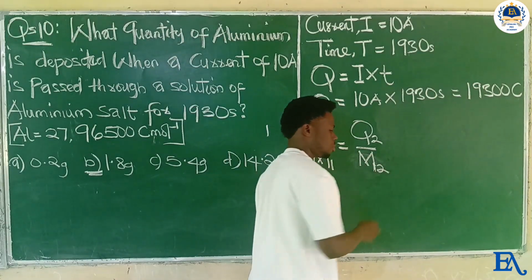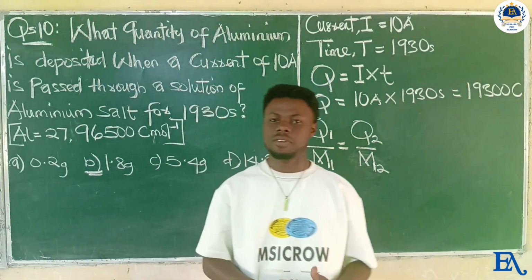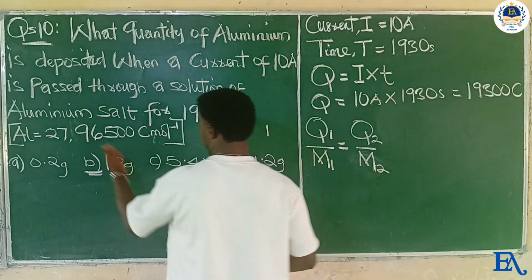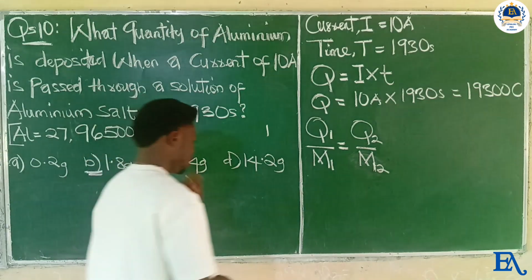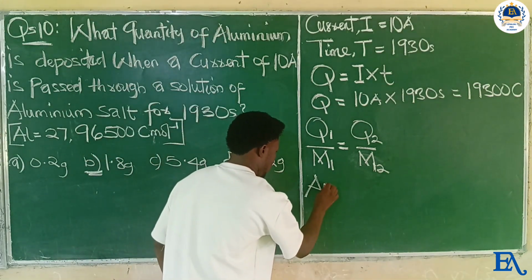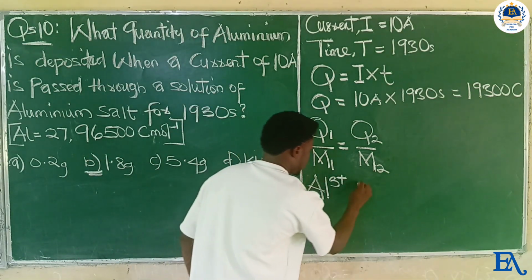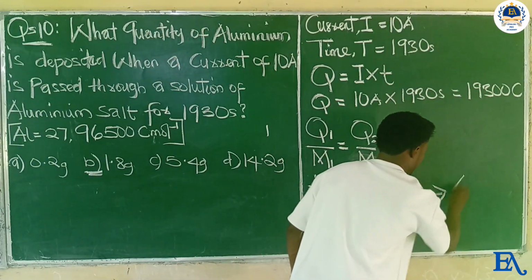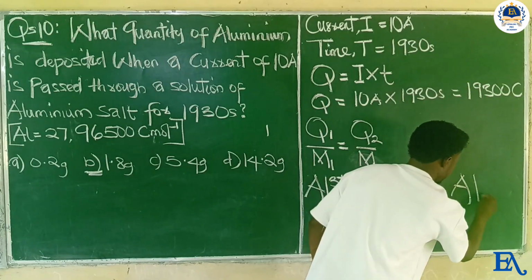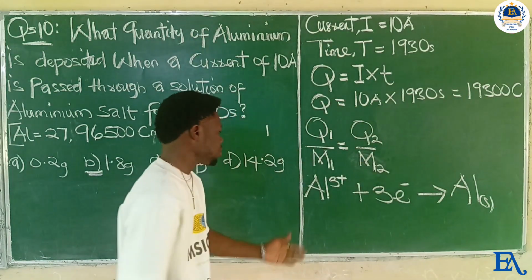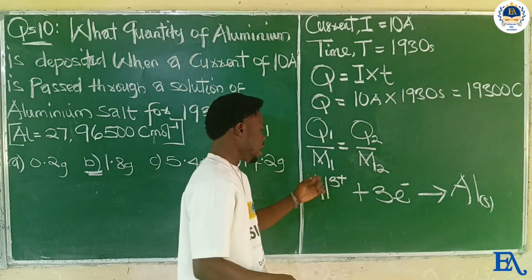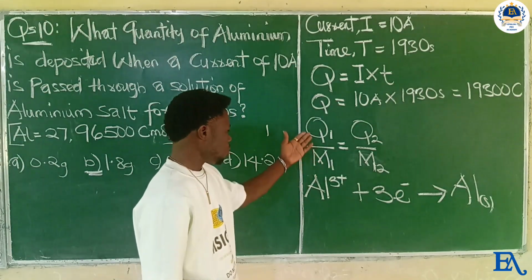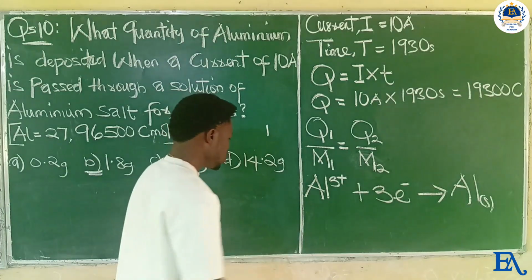So according to electrolysis of acidified water using platinum or graphite electrode, let us determine the ionic equation for the aluminium salt given. Al3+ plus 3 electrons would yield aluminium solid. So the charge for aluminium is +3. At this point, you are going to determine the quantity of electricity, which is Q1, using this charge.